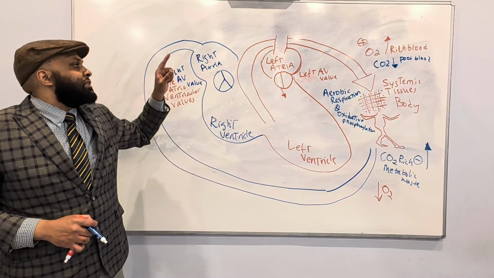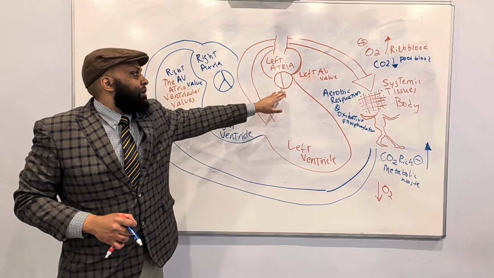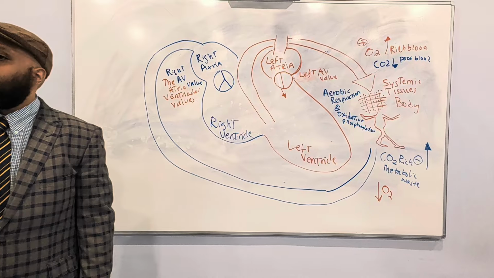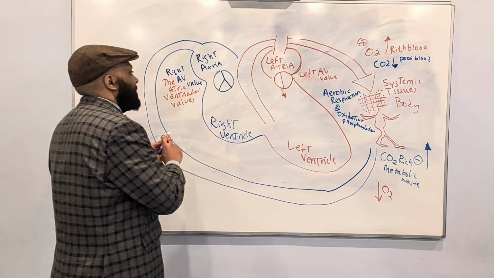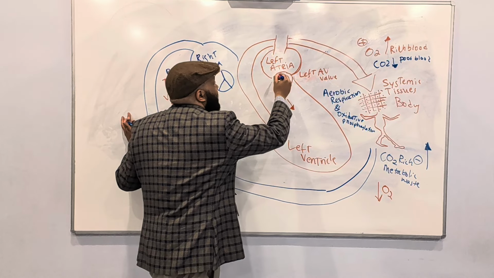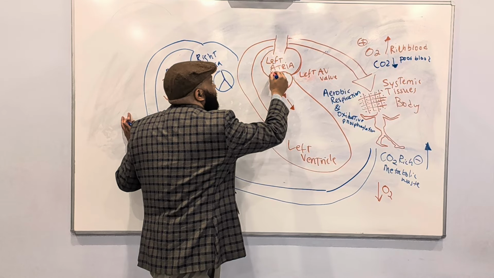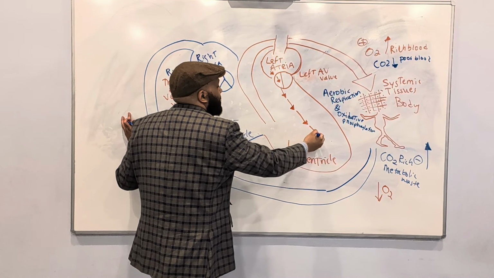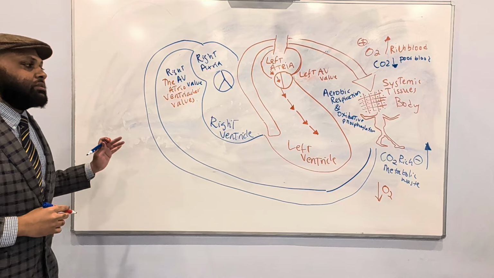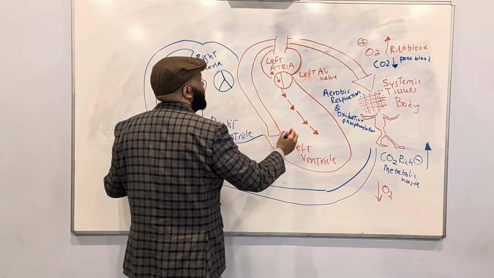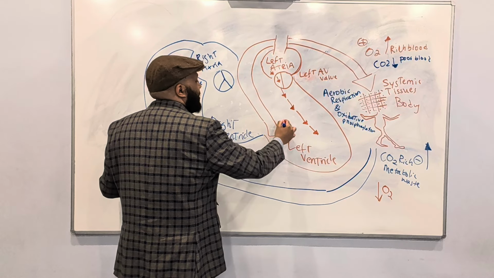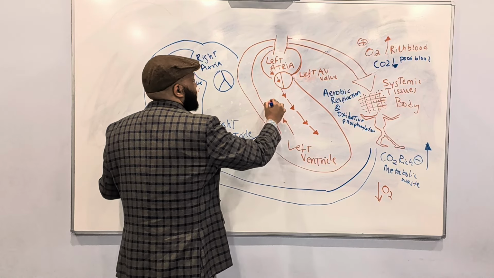Why did I draw the left atrioventricular valve red and the right one blue? Excellent. Because the oxygen-rich blood is flowing down the left atria, and then it gets pumped out by the left ventricle.